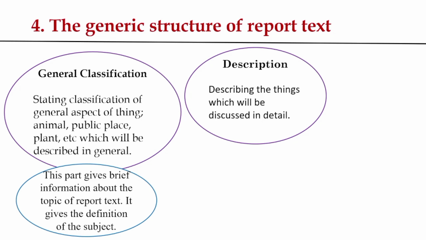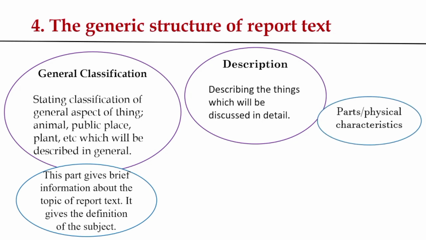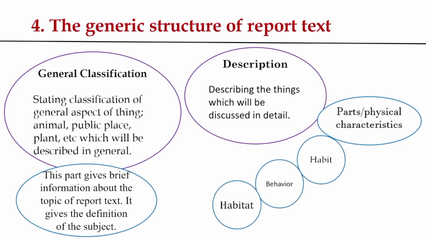And in the description, usually we have parts or physical characteristics and non-physical characteristics like habit, behavior, and habitat. So in the report text, we have two general structures. The first is general classification, and the second is description.